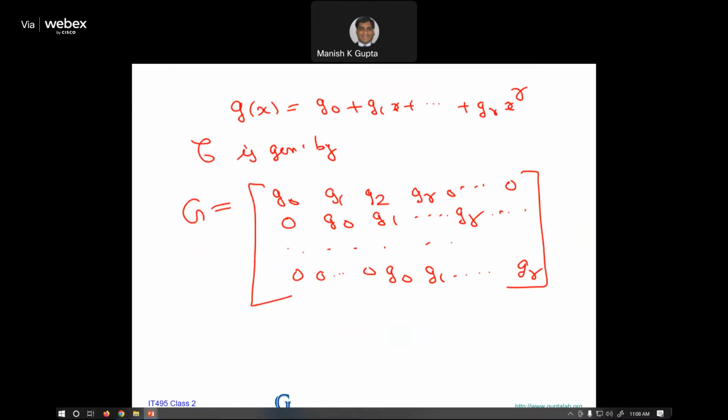And once we have Gx, I can get the generator matrix from it. Gx is something like G0 plus G1x plus up to Gr x to the r. So generator matrix is you take the coefficients, put all the zeros, and then just shift. Okay, and you get the generator matrix from the generator polynomial. Okay, so there is a correspondence here.